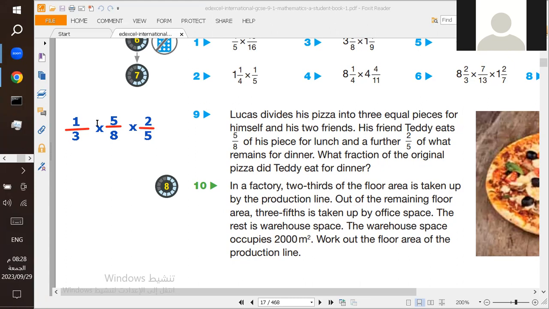So I'm going to multiply these, and all of them are before the equal sign. We look at the numerators and denominators before the equal sign. I'll find out that the 5 and the 5 are the same, so we cancel them together and they become 1 and 1.